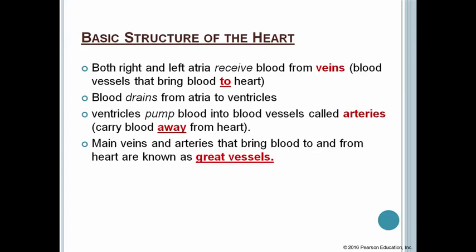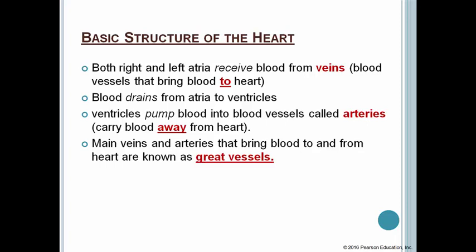We know that atria receive blood from veins. As a definition, we'll see later on that veins are defined by a strict definition that they bring blood back to the heart. So the atria will receive the deoxygenated blood on the right side and the oxygenated blood on the left side, both using veins, and then of course the blood will drain from the atria to the lower chambers, or the inferior chambers, which are the ventricles.